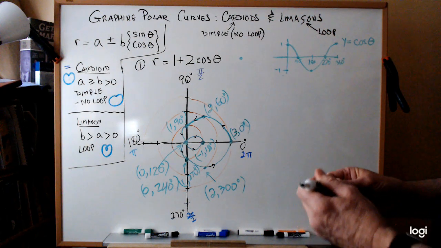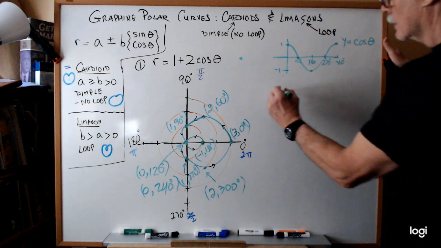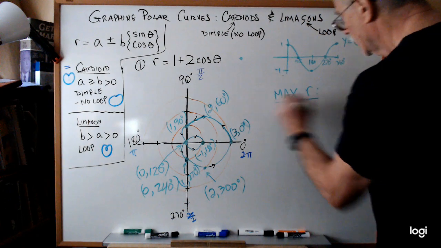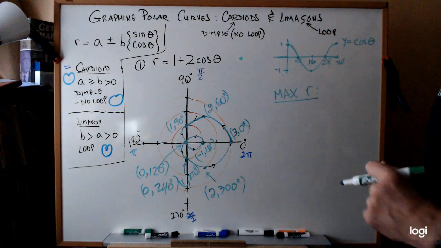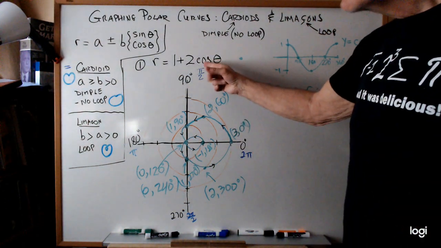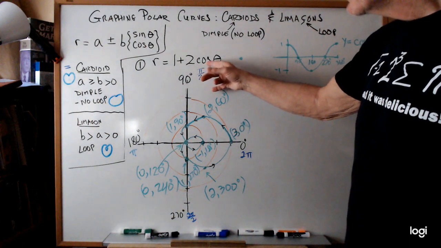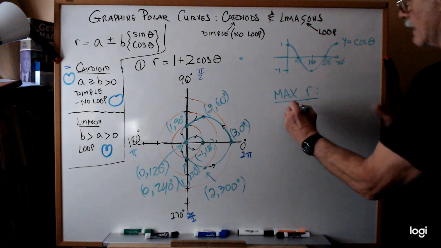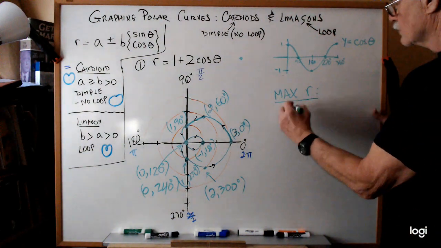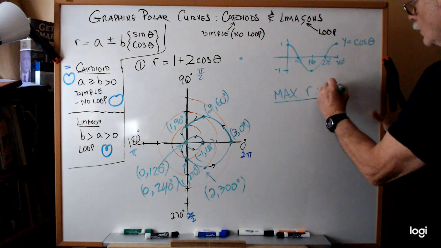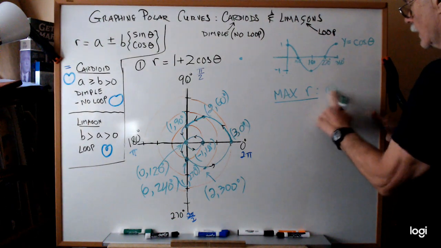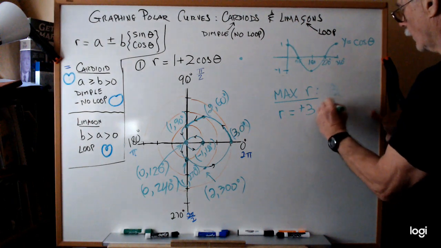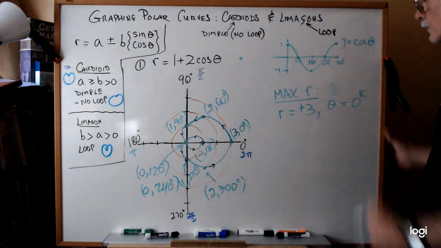Okay, so let's talk about r max and r min. Maximum r, the greatest value of r, is when cosine is its greatest value. In this case, when cosine is 1, and that occurs at 0. So r is a positive 3 when theta equals 0 radians or degrees.